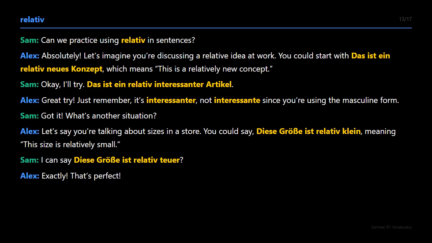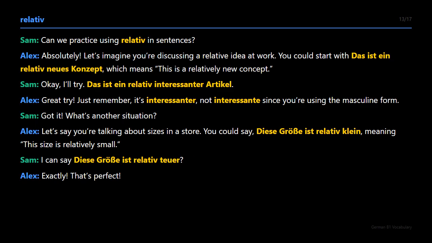Okay, I'll try. Das ist ein relativ interessanter Artikel. Great try. Just remember, it's interessanter, not interessante, since you're using the masculine form.